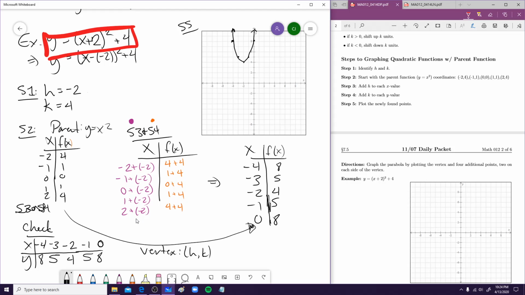Okay, so as you can see, these are the correct points for this graph, and as long as I know how to locate points and I can count, then this should be right. All right. And that's how you graph with transformations.